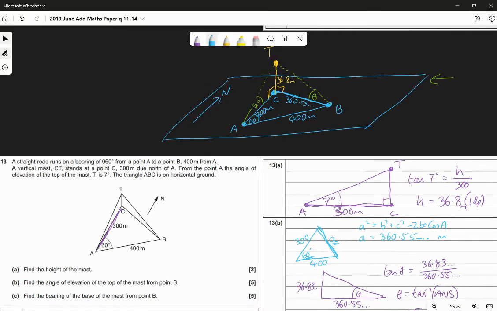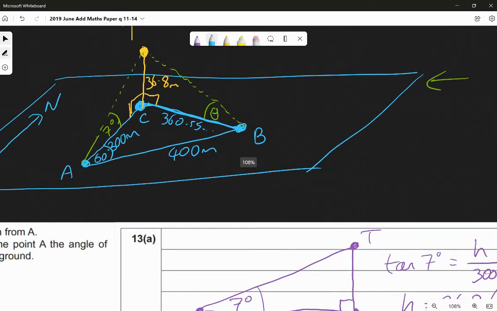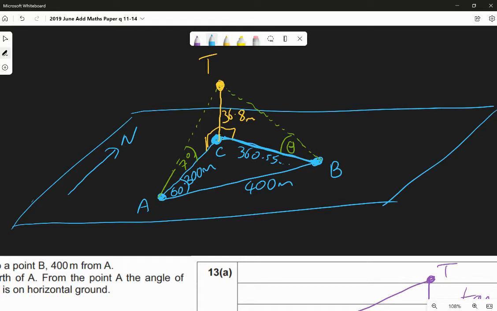Okay, so looking at my diagram, I'm just going to zoom in a little bit. I know north is sort of this direction. I know that if I continued this line from A to B, kept it going, then this angle here would correspond with this angle. So that would be 60. I know that this would be 180.